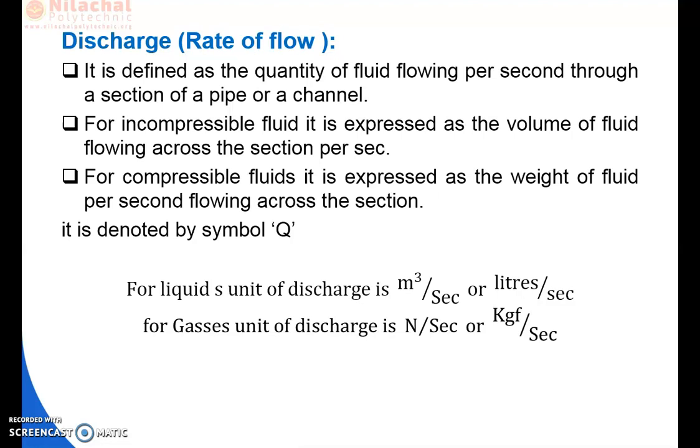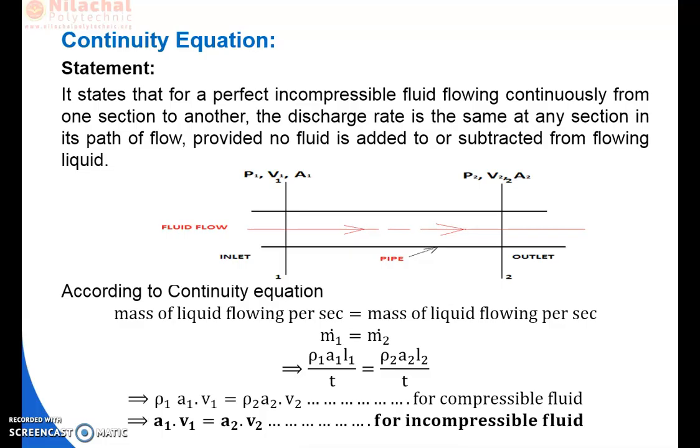Now let's come to the continuity equation. The continuity equation statement states that for a perfect incompressible fluid flowing continuously from one section to another, the rate of flow of fluid is the same at any section in its path of flow, provided no fluid is added to or subtracted from the flowing liquid.